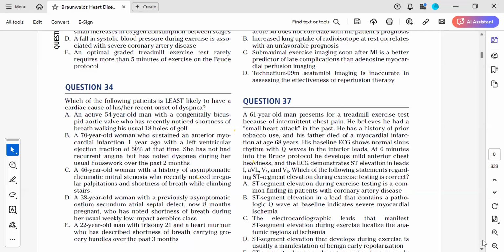The first is a 54-year-old man. This man has a congenital bicuspid aortic valve, which is a common cause of aortic stenosis.